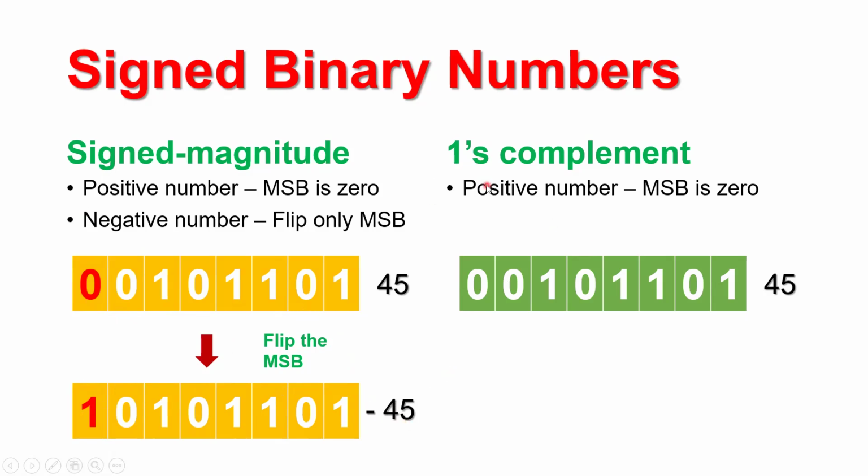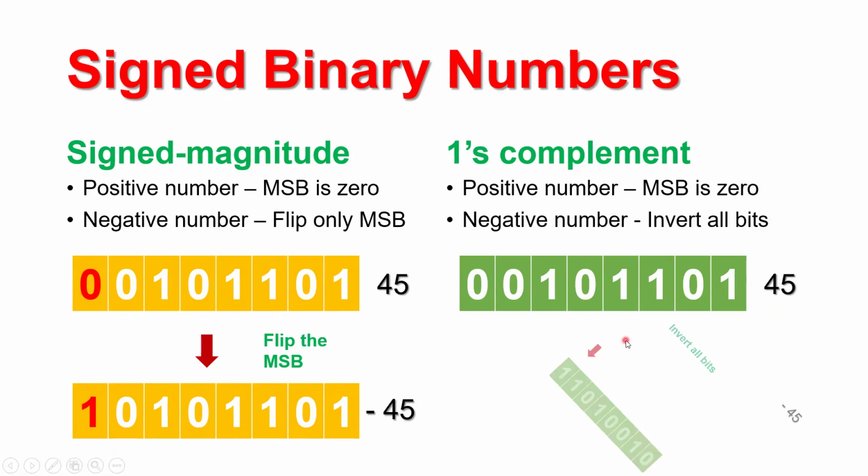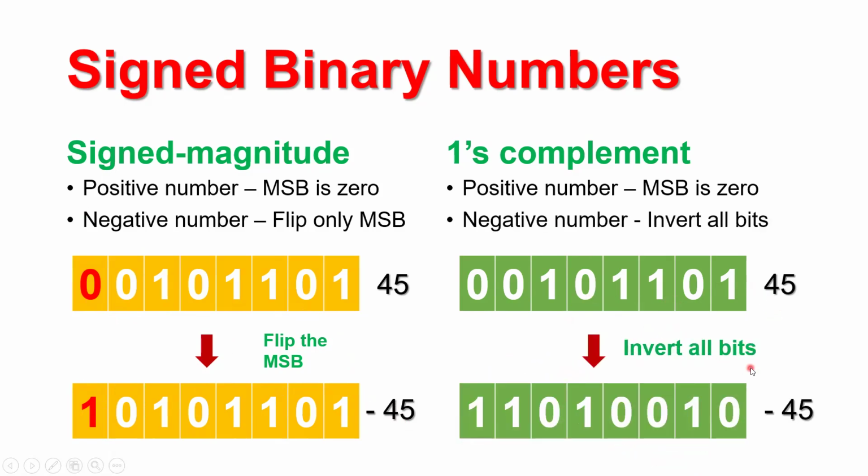How about one's complement? We know that to represent -45 using one's complement, you have to invert all these bits. So 0 becomes 1 and 1 becomes 0. That is how you will write it here. So you have inverted all bits: 1, 0 becomes 1, 1 becomes 0, 0 becomes 1, and so on. All the bits are inverted, and then you put a negative sign.